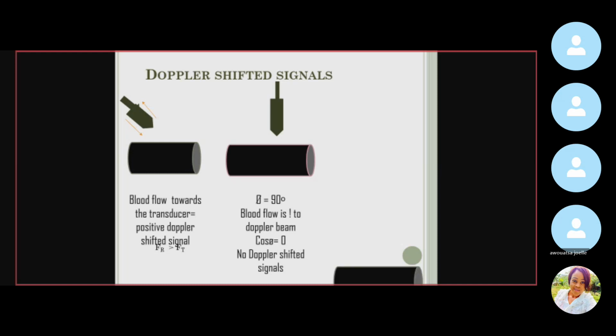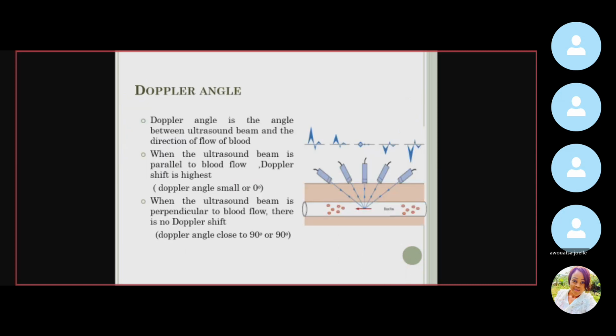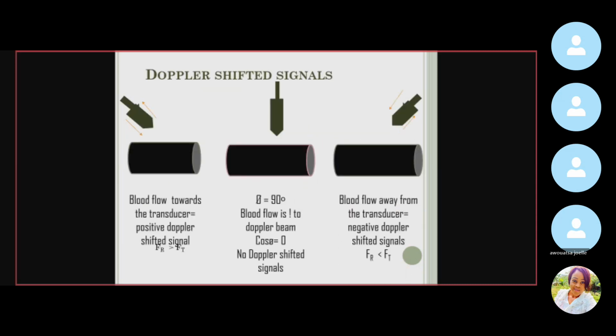And whenever the blood is flowing away from the transducer, we will get a negative Doppler shift. And when the transducer is directly perpendicular to that artery or vein, we will get no Doppler signal. So whenever you are doing a Doppler, always remember that you have to keep the transducer parallel or at an angle, but not at 90 degrees, because at 90 degrees you won't get any signal.